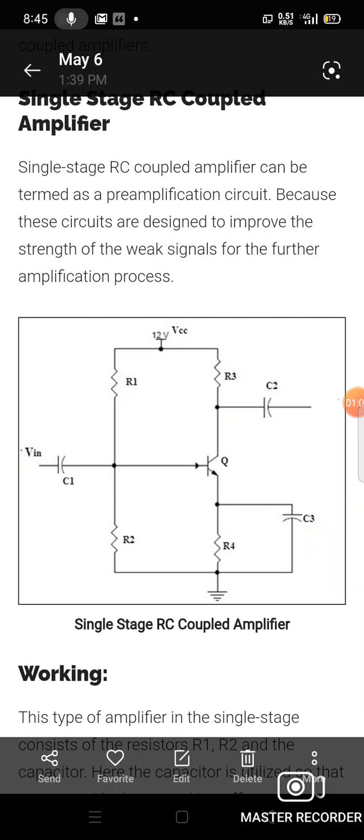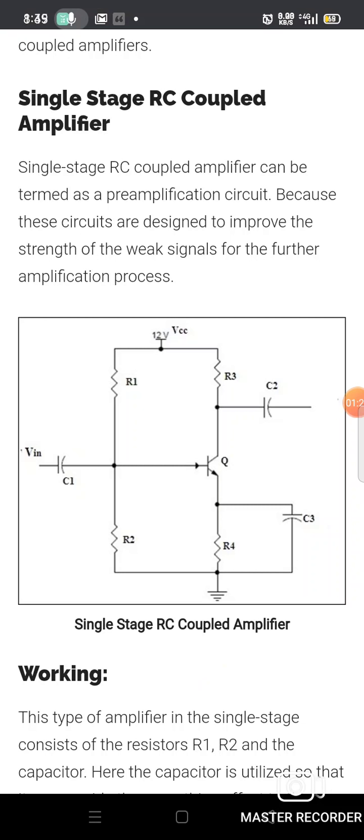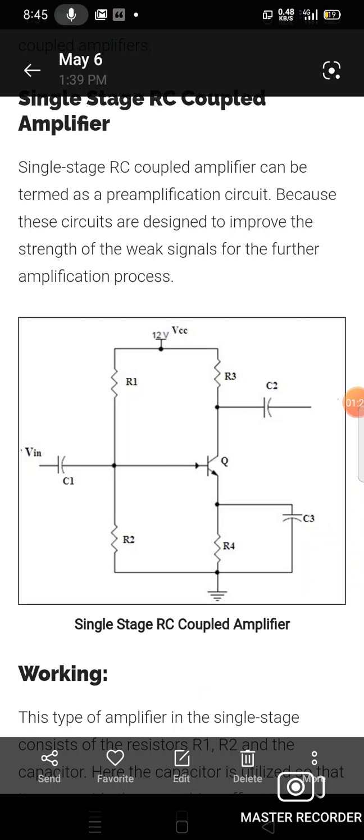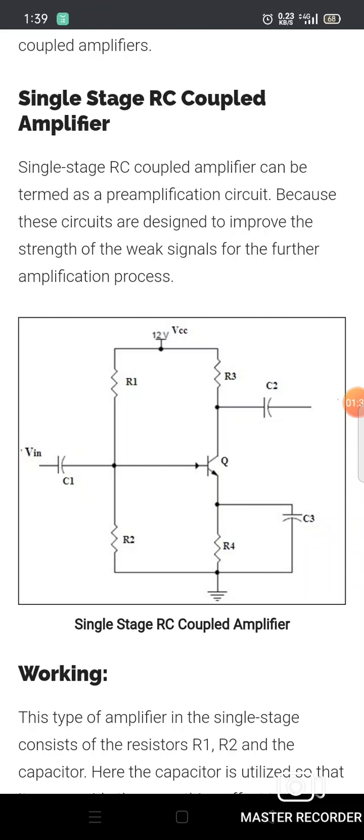Now, C1 and C2 are the coupling capacitors and C3 is the emitter bypass capacitor. But generally these three capacitors are normal capacitors. A normal capacitor is connected in the circuit network in series connections and in shunt connections.